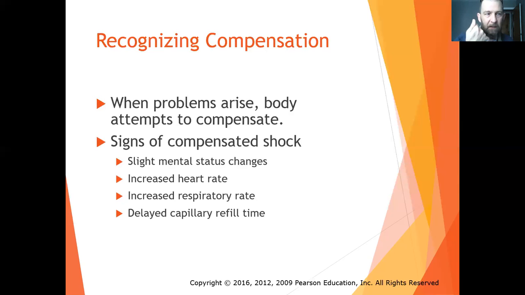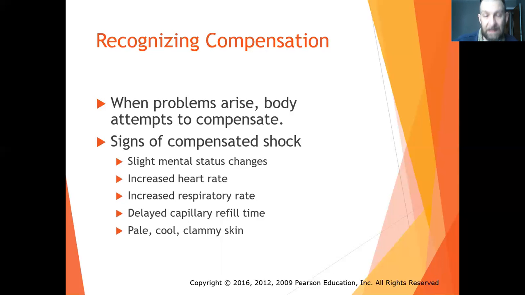When we press on our thumbnail and it takes longer than 2 seconds to refill, that is a sign that blood is being shunted away from our skin and the phalanges, all the way out the end of our extremities, to more important places: the brain, the heart, the lungs, the kidneys. That's a sign that the body is working to keep blood to the vital organs.